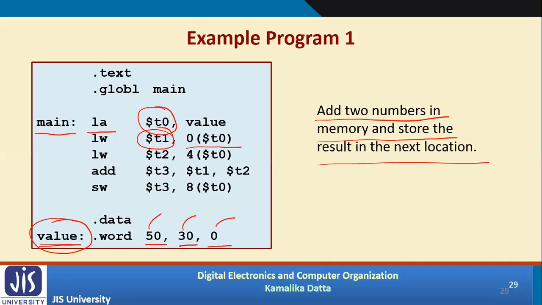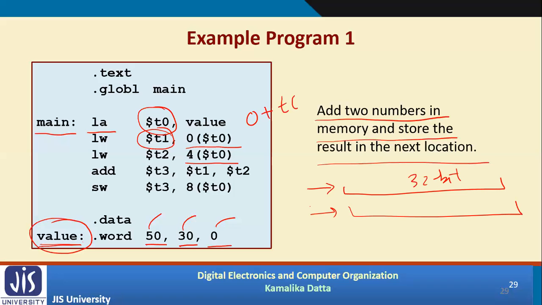Similarly, load word. Now it is a 32-bit computer, so the next word will be stored after this, and the next address will get incremented by 4. That is why I'm loading the next word from 4 plus $T0.